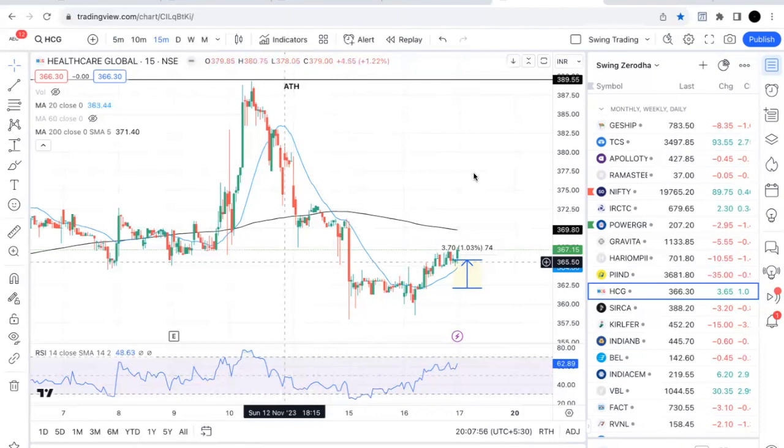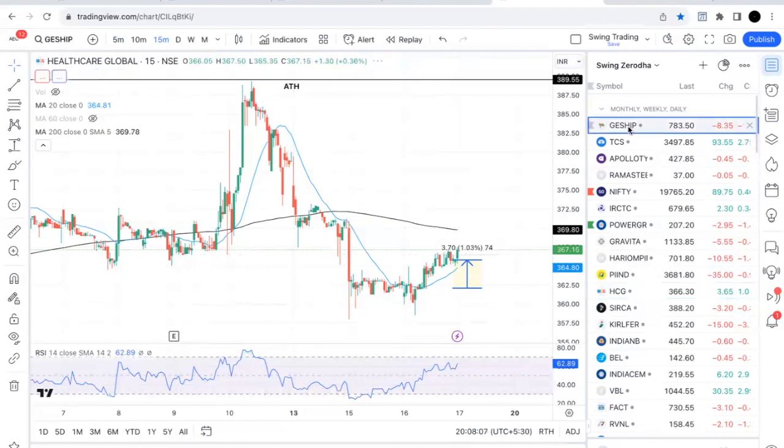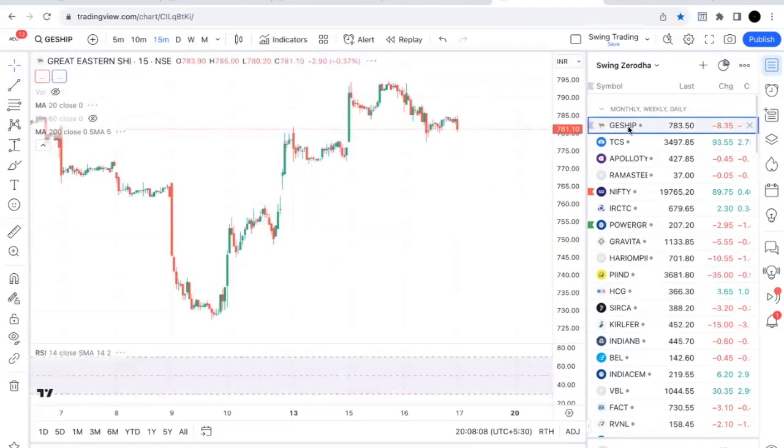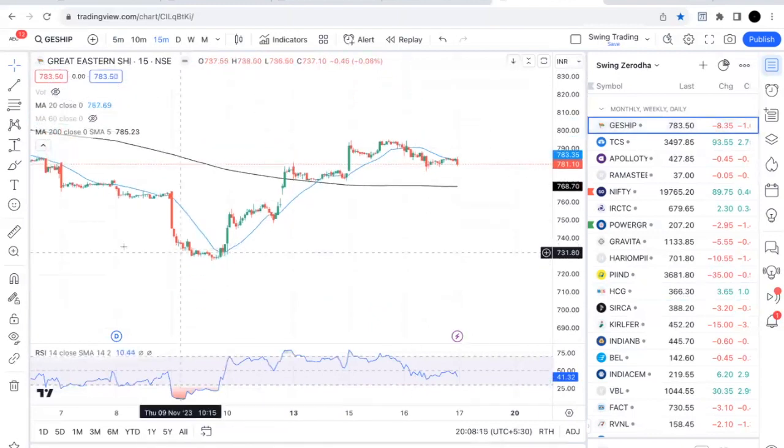Uncle, I just want to ask one question regarding the RSI. Sure. If we look at the chart of G Shipping, around the date of 9th November, the problem I see with the RSI is at the level of 747.